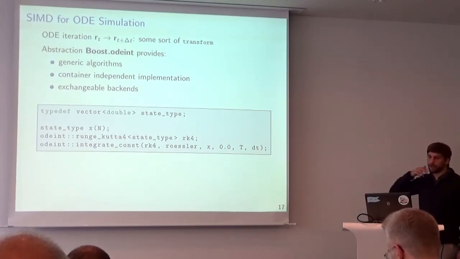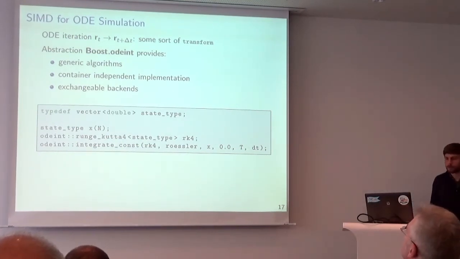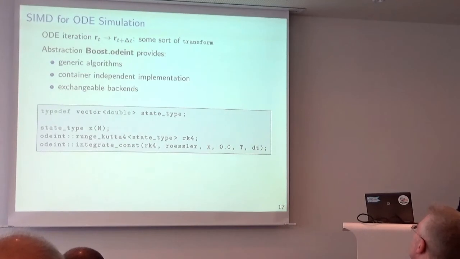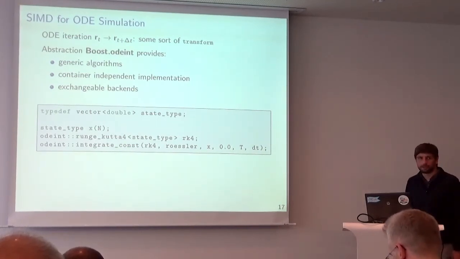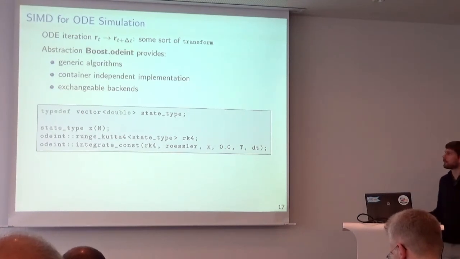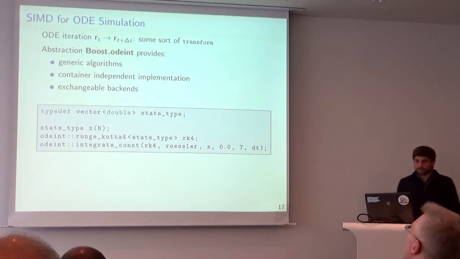So the way I'm doing this is I'm using the Boost ODE library, which is developed by Carsten and myself. And it provides you a generic implementation of all of those ODE algorithms. It's container independent, so instead of a vector of doubles, I can just put in a vector of packs, and it works very nicely.